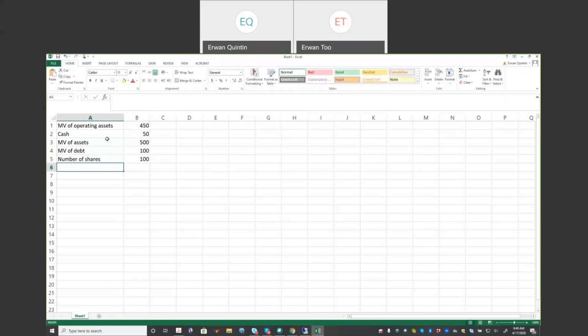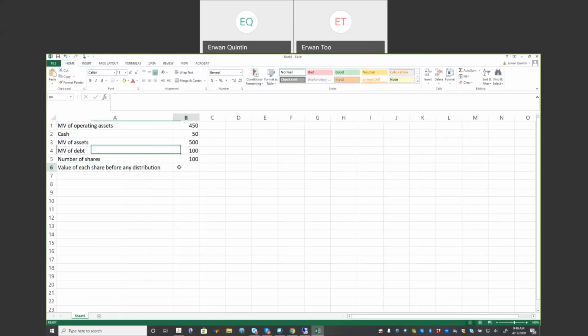So just by way of warm up, the value of each share before any distribution. So this is if we do not distribute anything, which of course we can do.